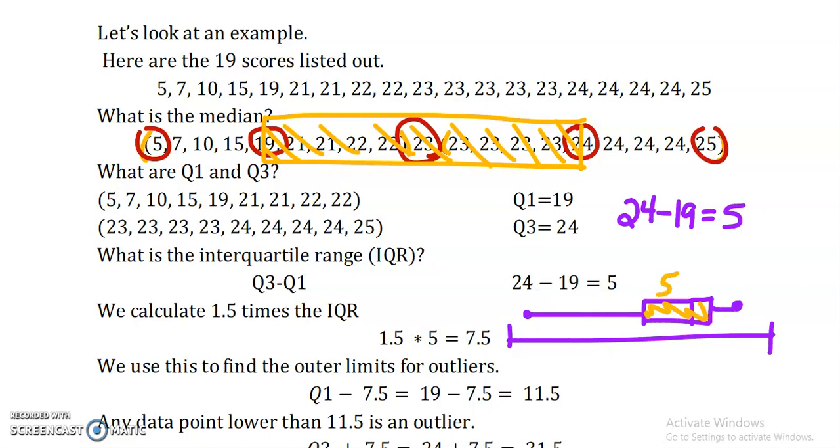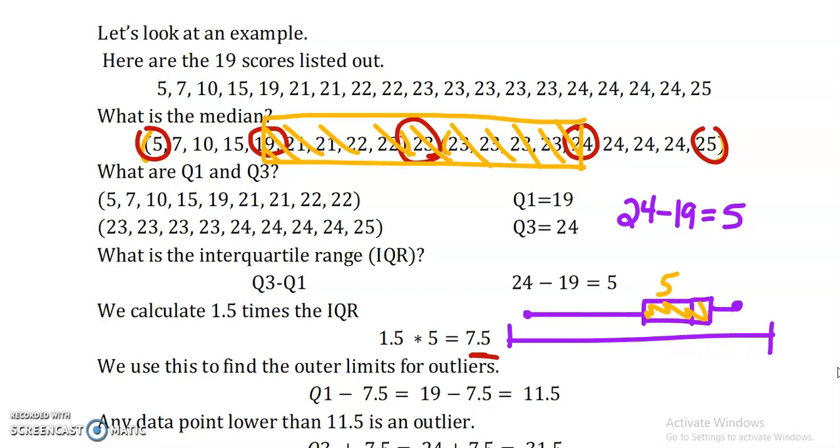So again, what we're going to say is, okay, when we're 1.5 times lower than this quartile 1, it's going to be considered an outlier. Or if it's 1.5 times the interquartile range higher than this quartile 3, then it's going to be considered an outlier. So we figure out what is 1.5 times 5. Well, it is 7.5.